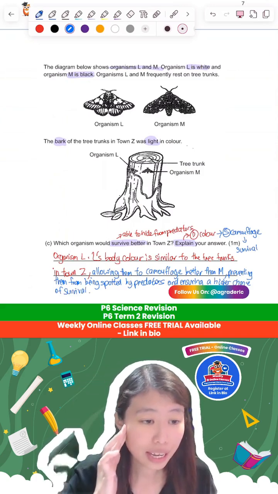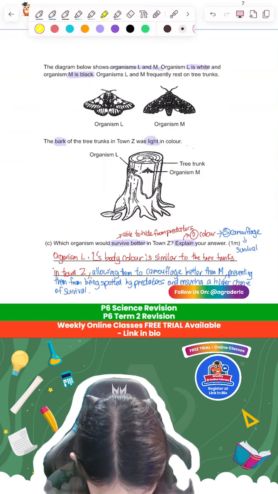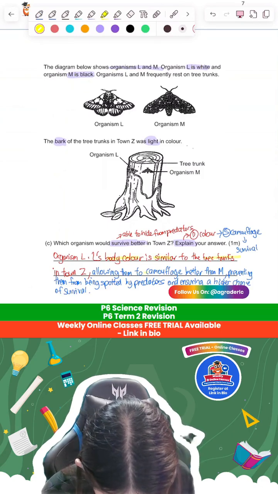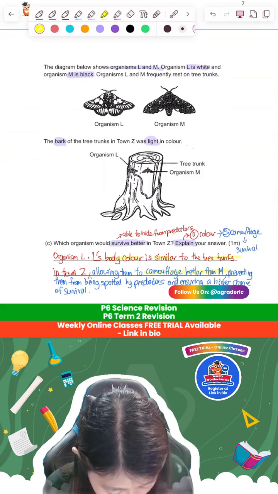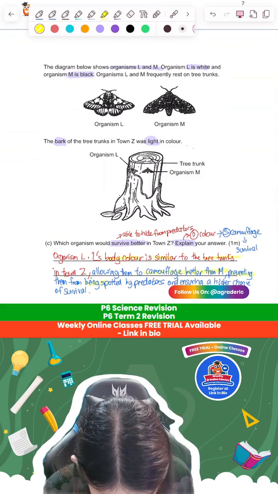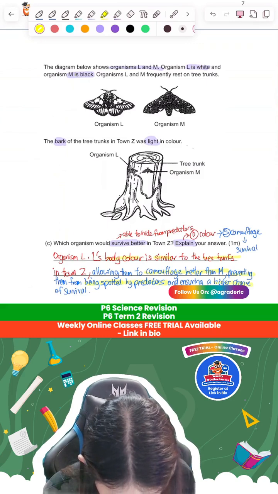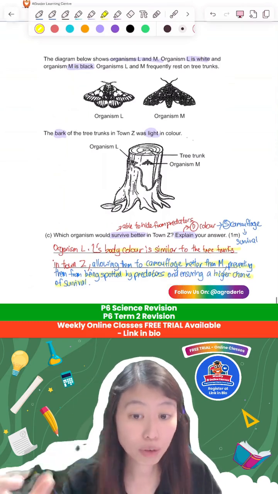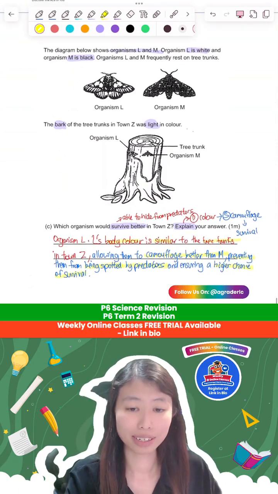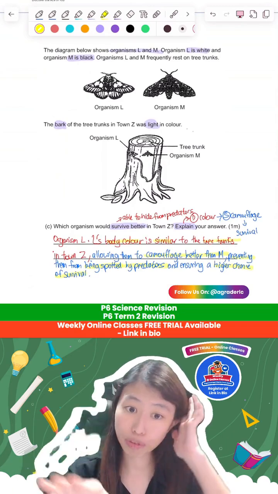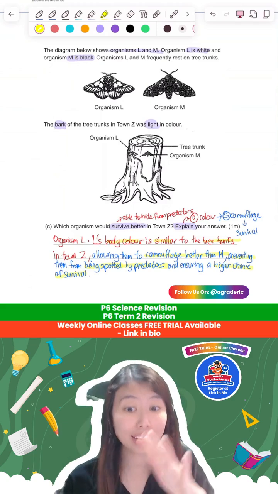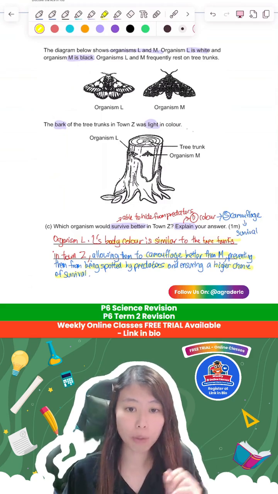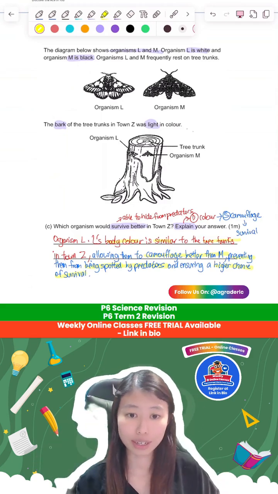Okay, I'm highlighting the key things. Preventing them from being spotted by predators, higher chance of survival. Blend in, blend with the tree trunk, can. It's either you write camouflage better than M or can blend in to the tree trunk better than M. But you must compare, because you chose one over the other.